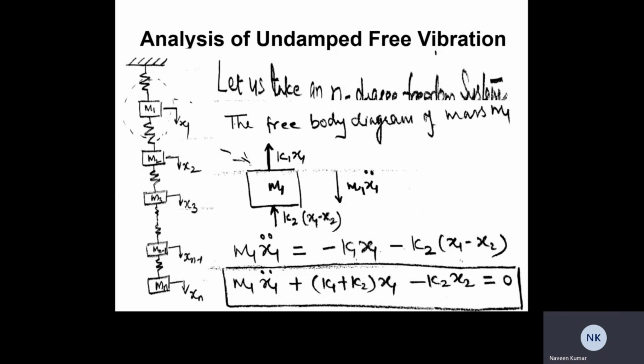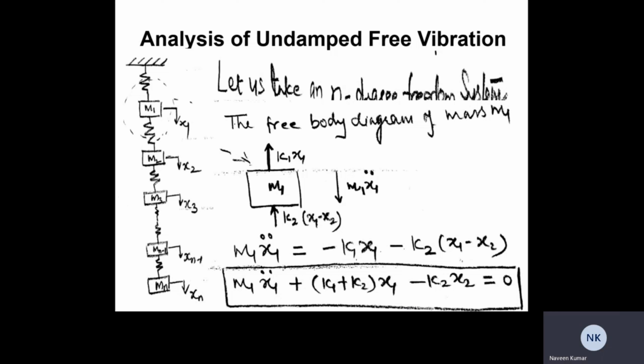Similarly, we can write the equation of motion for mass m2. If you observe from the previous slide, this mass is connected with a spring constant of k2 and with this spring, which is spring constant k3. The net compression of this spring, which we have already dealt with for the first mass, is x1 minus x2.